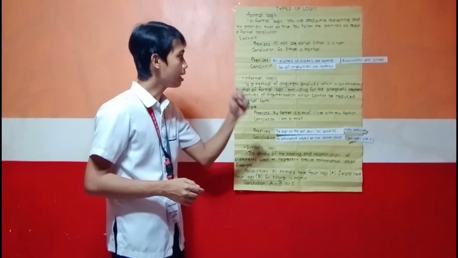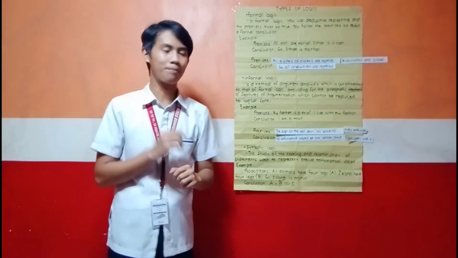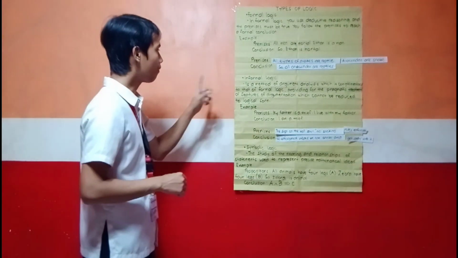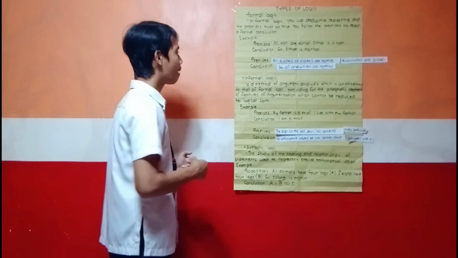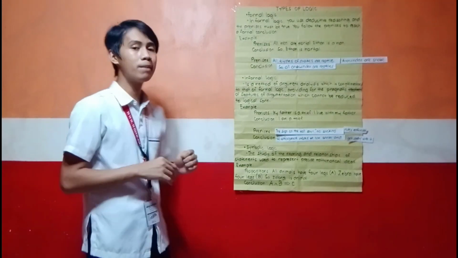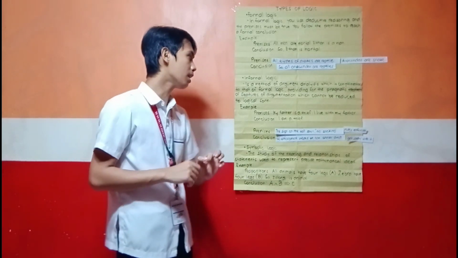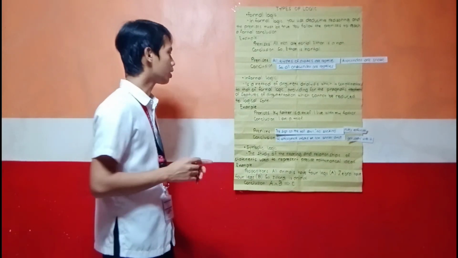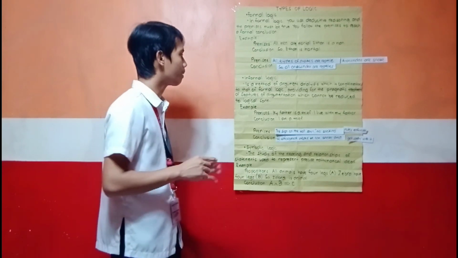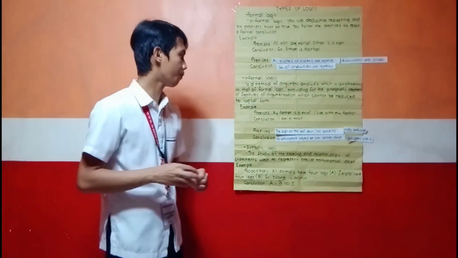Anacondas are snakes, so all anacondas are reptiles. Then, informal logic is a method of argument analysis which is complementary to that of formal logic, providing for the pragmatic treatment of features of argumentation which cannot be reduced to logical form.